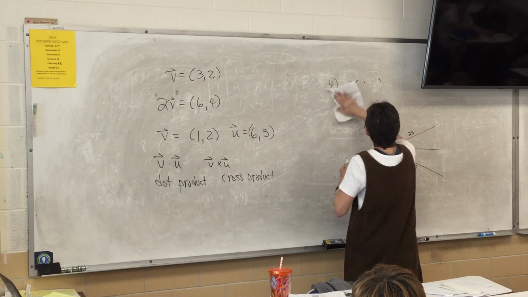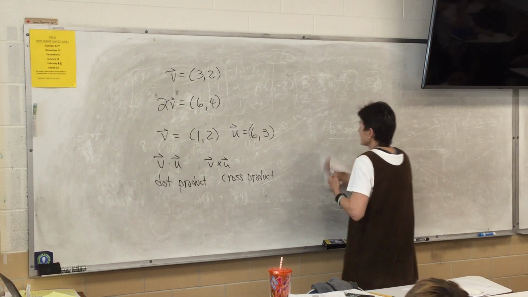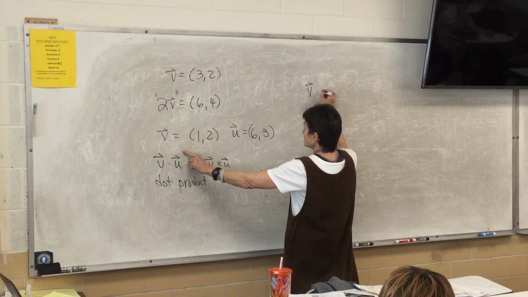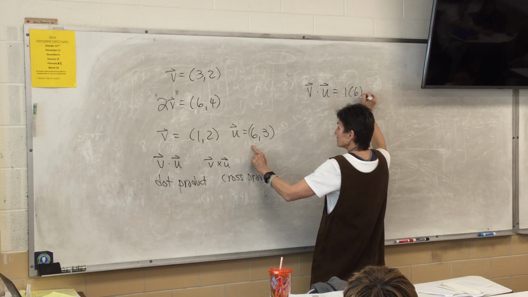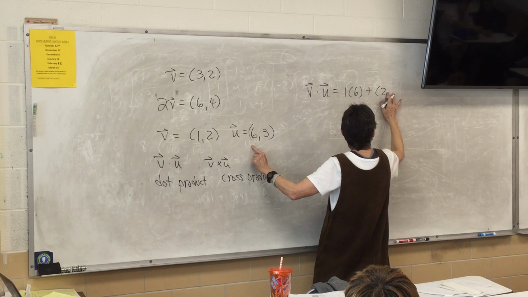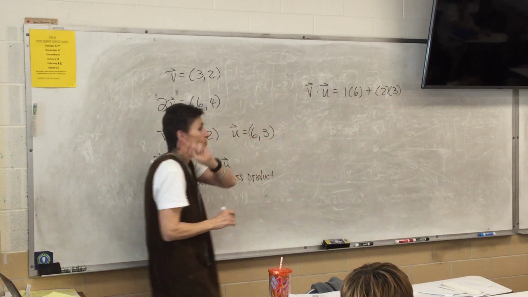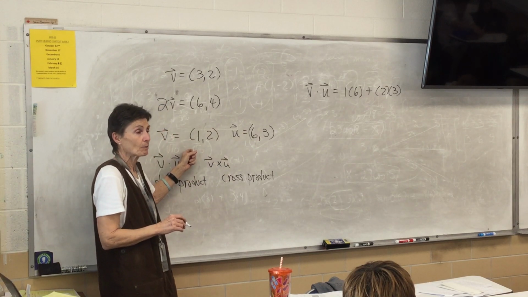To find the dot product, if you know the vector's components, it is super simple. The dot product of these 2 will be 1 times 6 plus 2 times 3. That's the dot product. So notice what I did. These were my 2 vectors. How did I find the dot product?